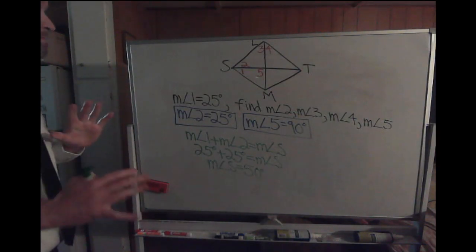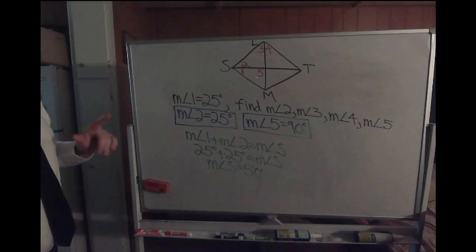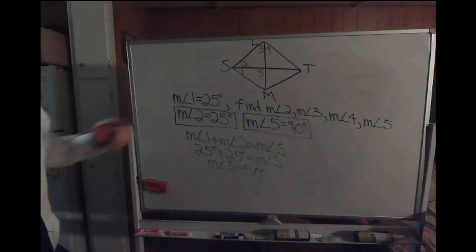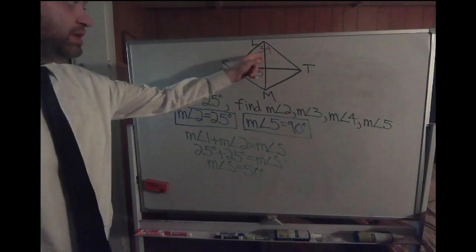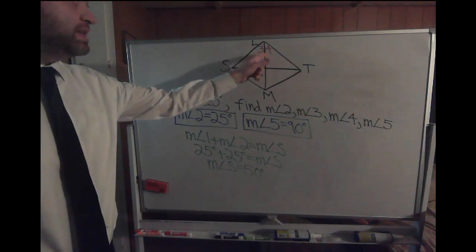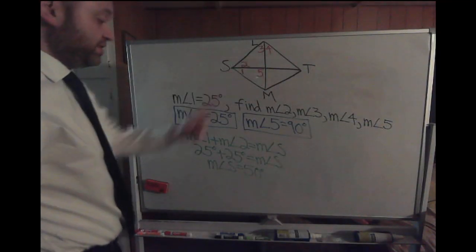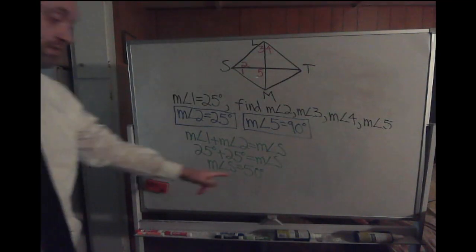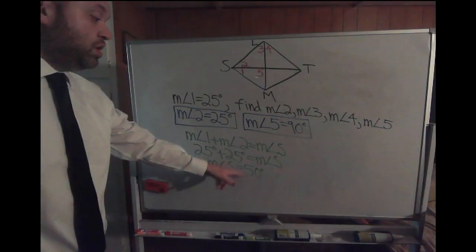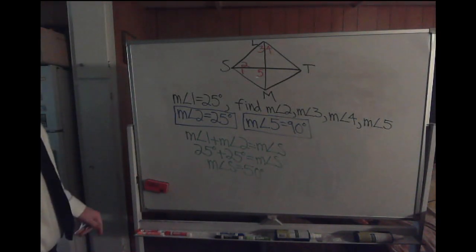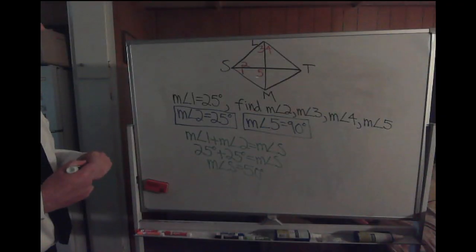Well, here's something to keep in mind. Rhombuses are parallelograms, right? Angle L, which is really what 3 and 4 is, it's angle L bisected. It's a same side interior angle to this 50, which would mean that it's supplementary. So angle L is supplementary.